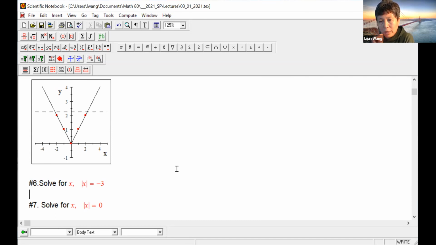If the absolute value of x is -3, what could x be? What input will produce the output of -3 under the same rule, of absolute value?